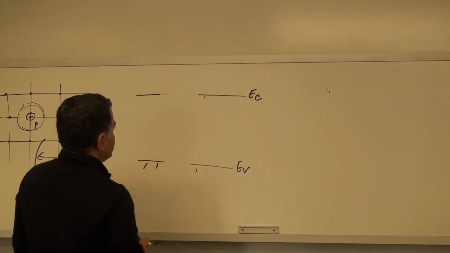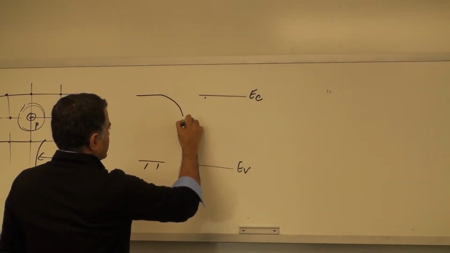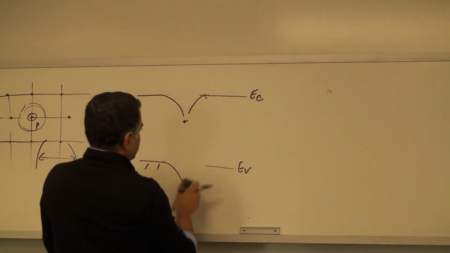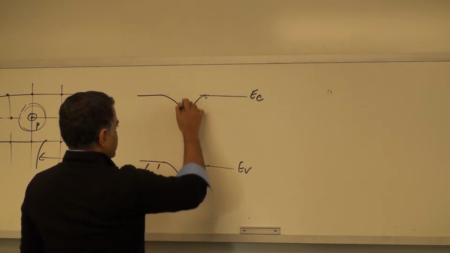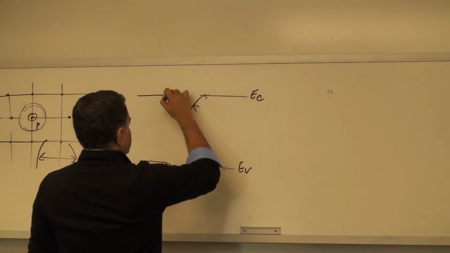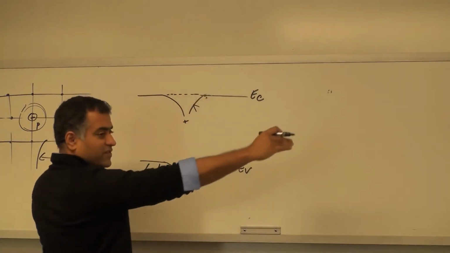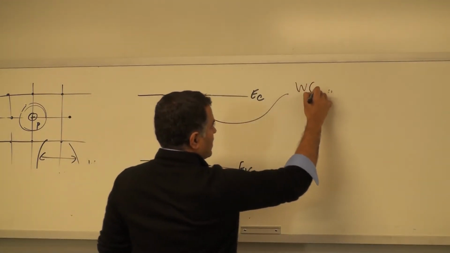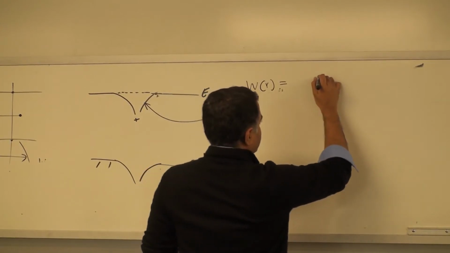So the potential that you would see because of that in real space would look something like this. This potential, which is what I'm plotting, is the variation from the flat band condition, the perturbation to it. So W of r is going to be the Coulomb potential.